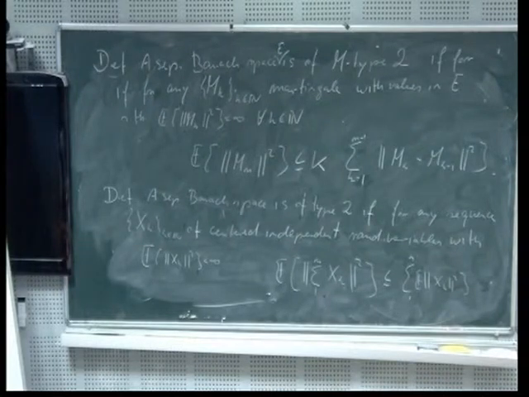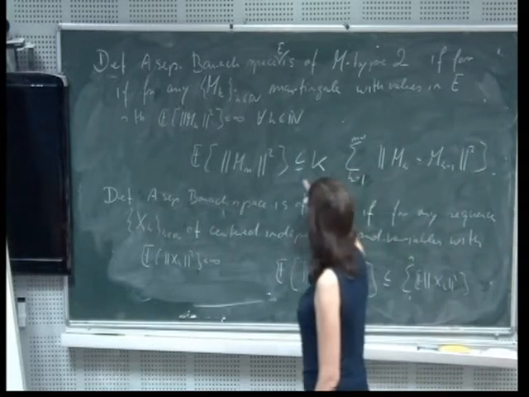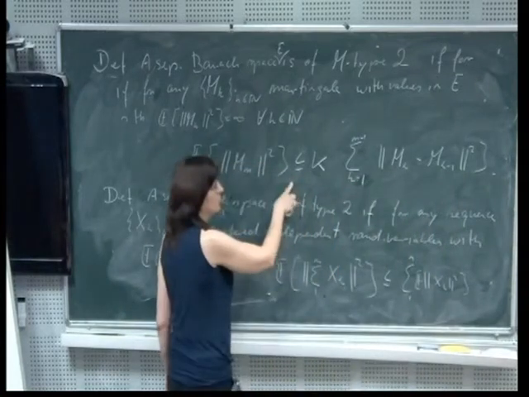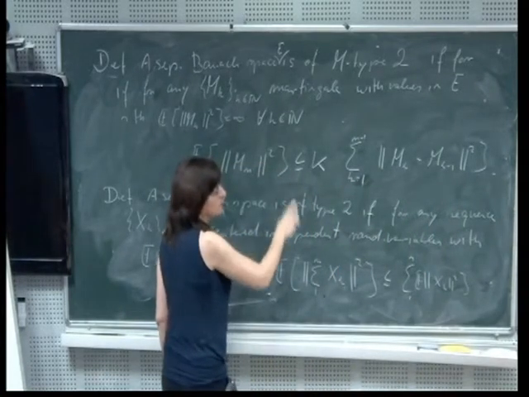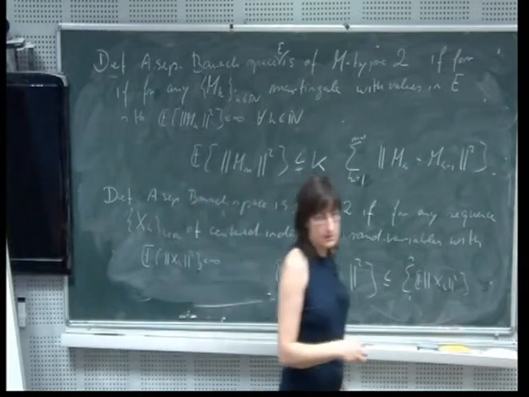However, you can imagine maybe why this M-type 2 condition is helping us. It is helping us because we wanted an inequality for the sample function. And the sample functions were martingales, right? So using this inequality here, which is true in any Banach space of M-type 2, we were able to show this inequality for the sample functions.